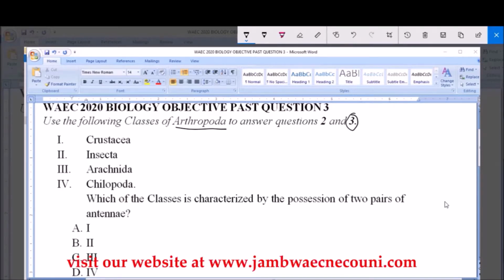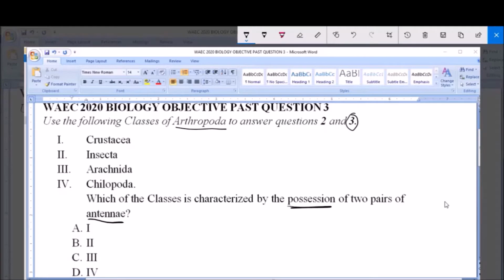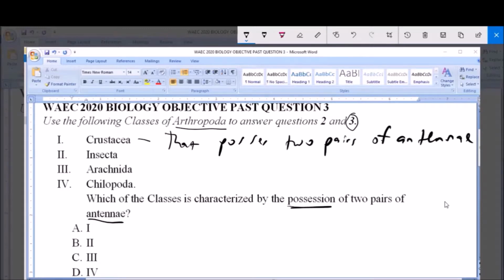So as regarding possession of antenna, the class Crustacea are the only class under the phylum Arthropoda that possess 2 pairs of antenna. That is, they possess 4 antenna.